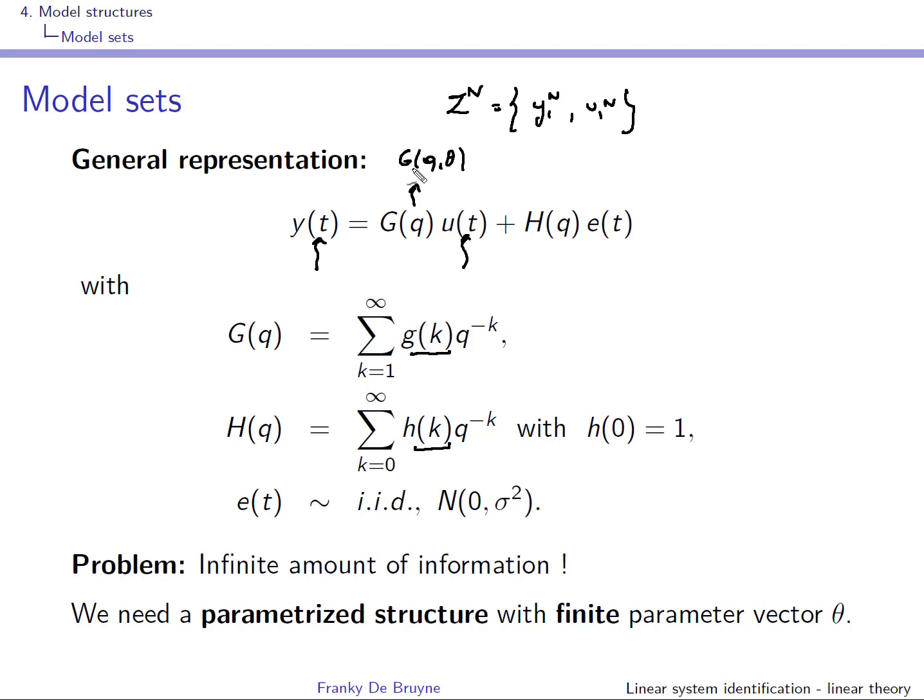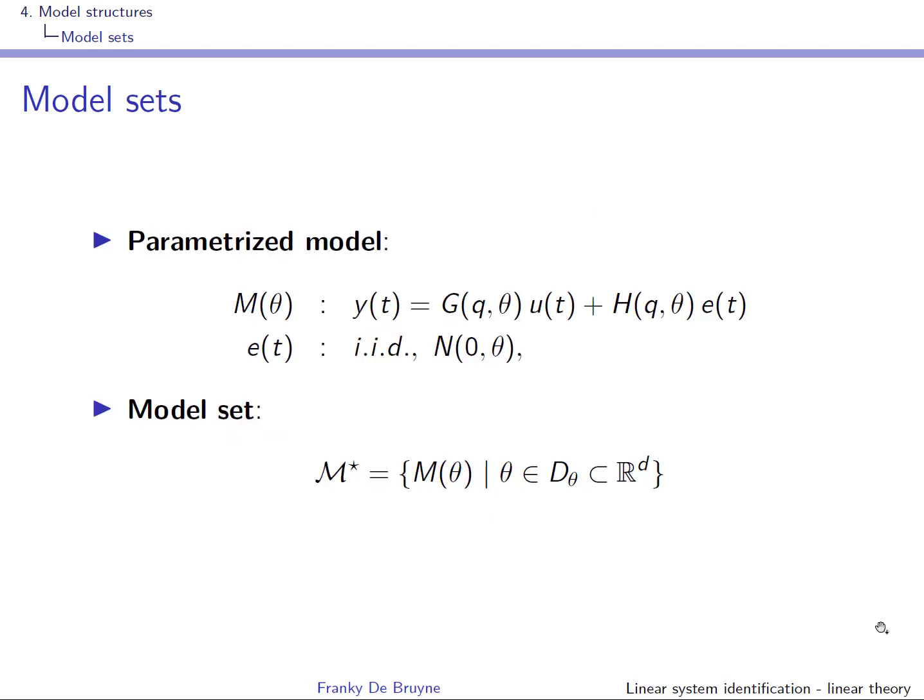where the transfer function is parameterized by a vector theta, right? And we'll do something similar for the noise model. And in theta, you have all the parameters that are associated to this model structure. So these are the particular model structures that I've discussed in the previous slide, and how you parameterize such a model will depend on the structure that you use.